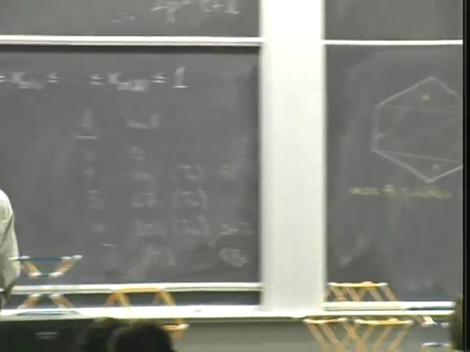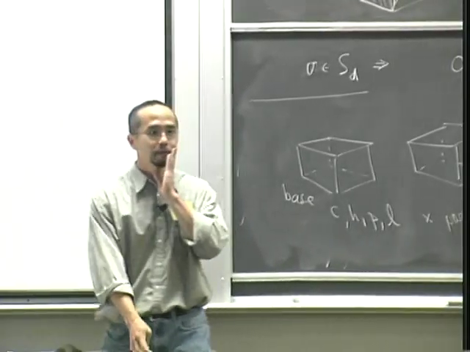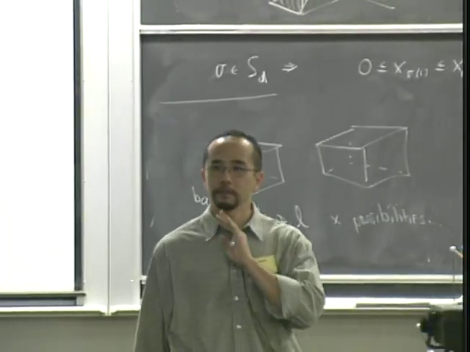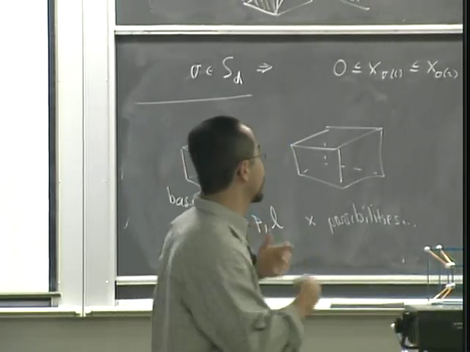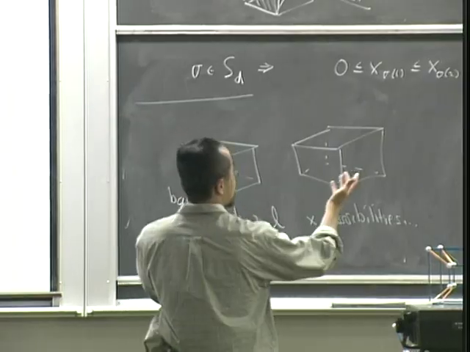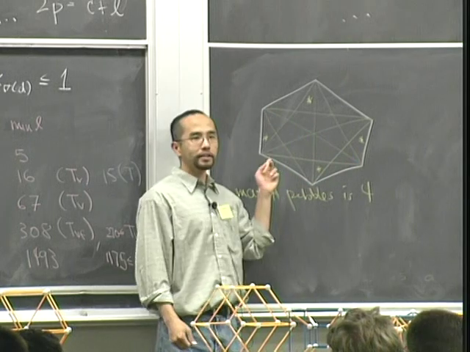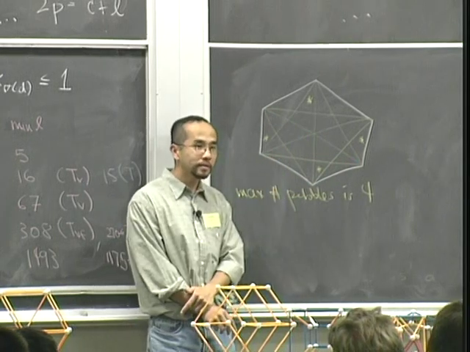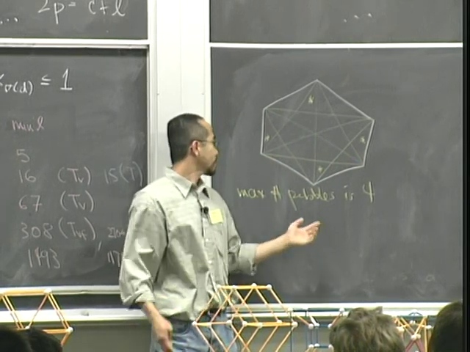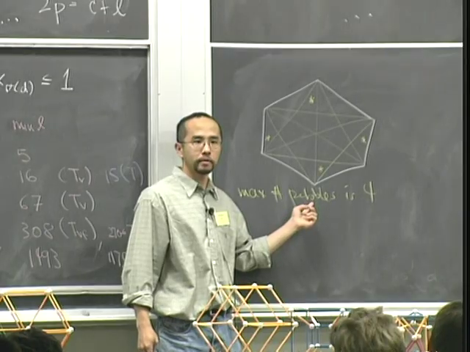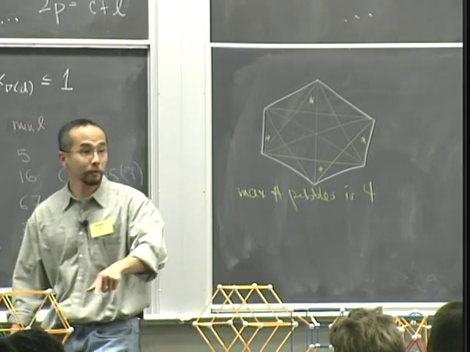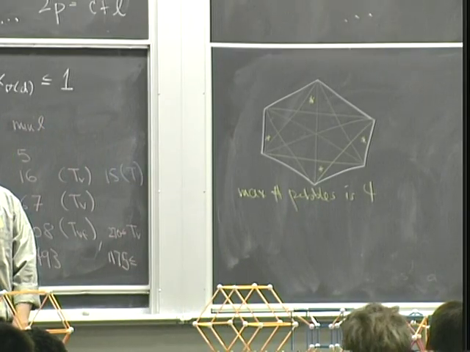OK, now why does this relate to minimal triangulations? Let's see, if you have a triangulation of this hexagon, and every triangle in the triangulation contains at most one pebble, then what does the number of pebbles tell you? It's a lower bound for the minimal number of triangles.